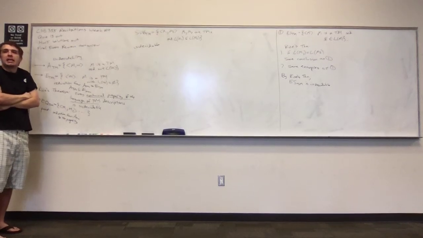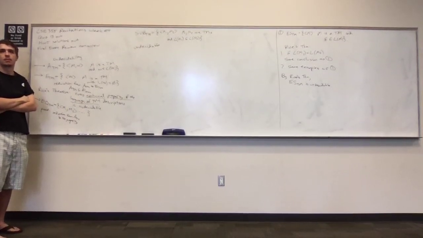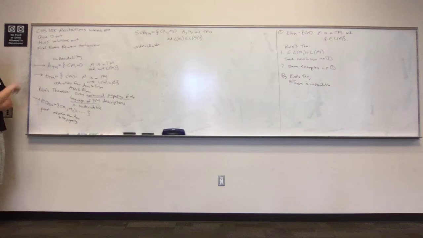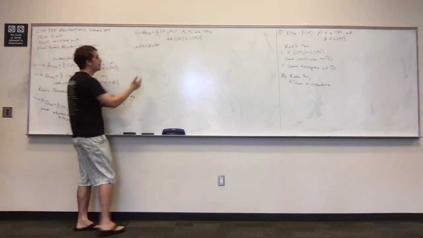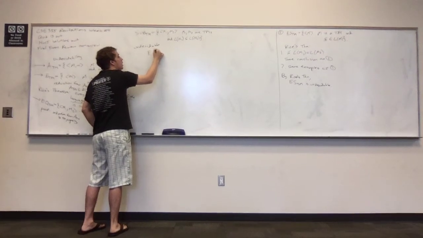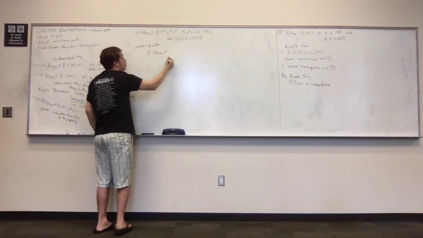Well, I could use any one of them, but which one will be easiest? Is there a language that looks kind of like this that we've shown was undecidable? EQTM. Instead of subset, it was equality. Okay, maybe let's try that. Let's try to reduce EQTM to subTM.